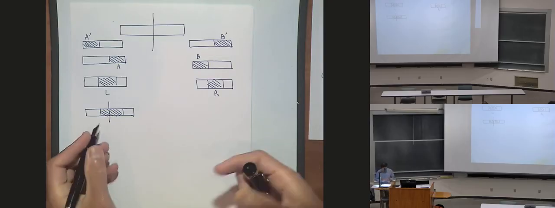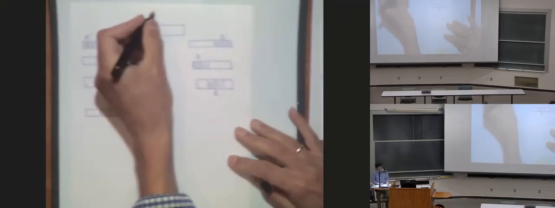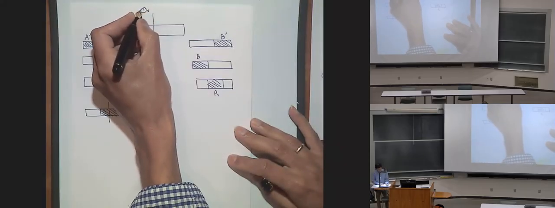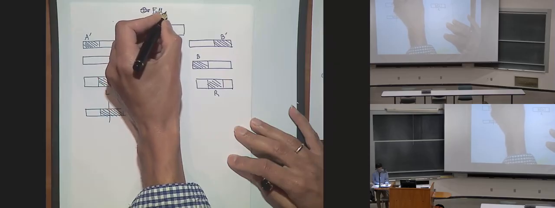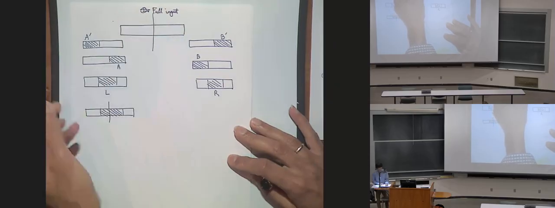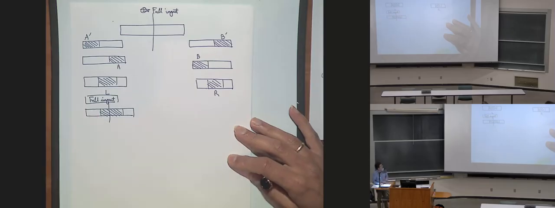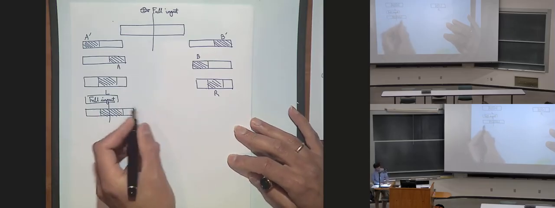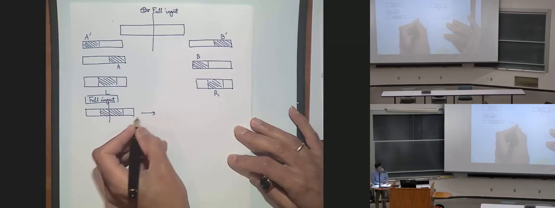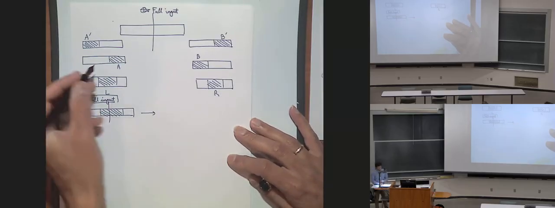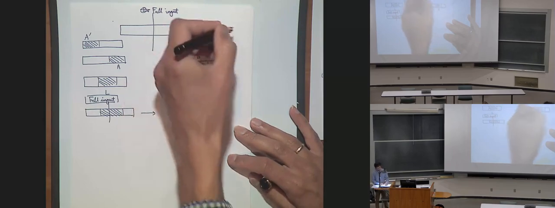Okay. So this is the overall. I'll call this the full input. So I'm looking at the full input here. For the full input, what is the expression for this? How do I compute this? I got these 3 values, and I got these 3 values.